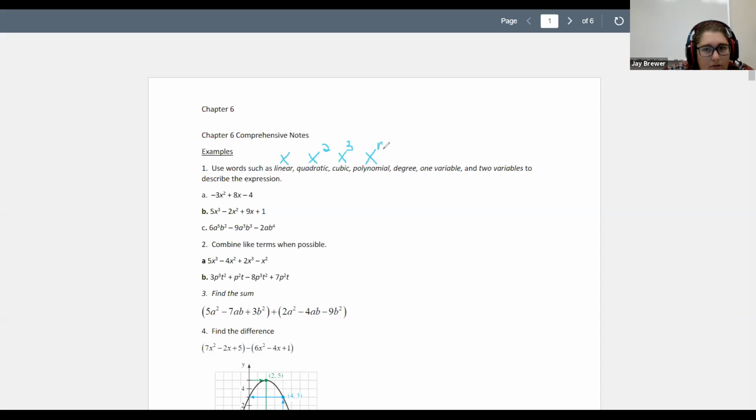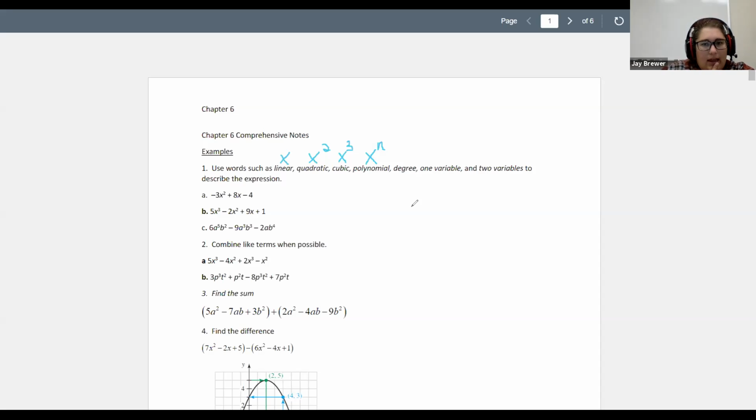Now there are a few other ones. They're just not used as heavily, and typically when it's raised to anything higher than 3, you can just say it's a polynomial. When we talk about a degree, we're talking about the highest degree in the order, okay?